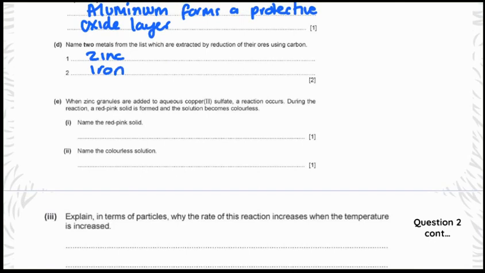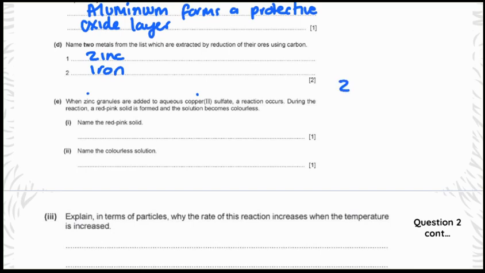When zinc granules are added to aqueous copper 2 sulfate, a reaction occurs. During the reaction, a red-pink solid is formed and the solution becomes colorless. Name the red-pink solid. Well, the zinc is more reactive than the copper, so the zinc is going to come and displace the copper from the sulfate.